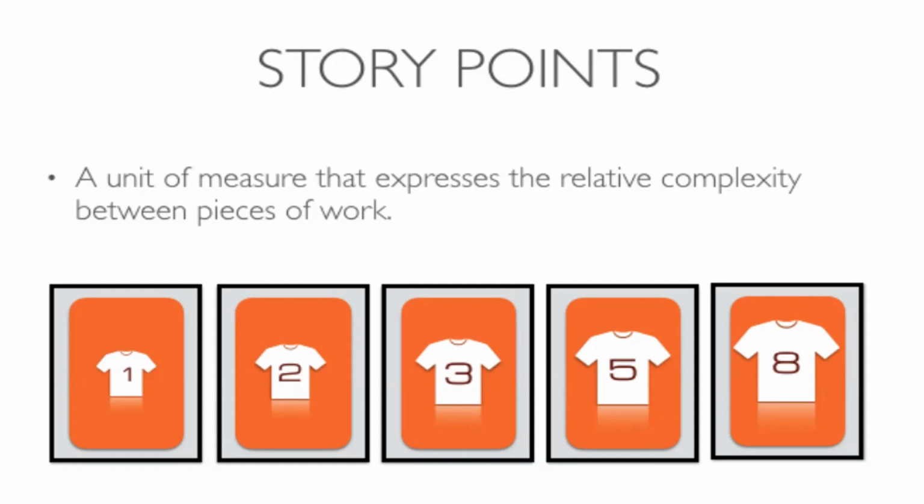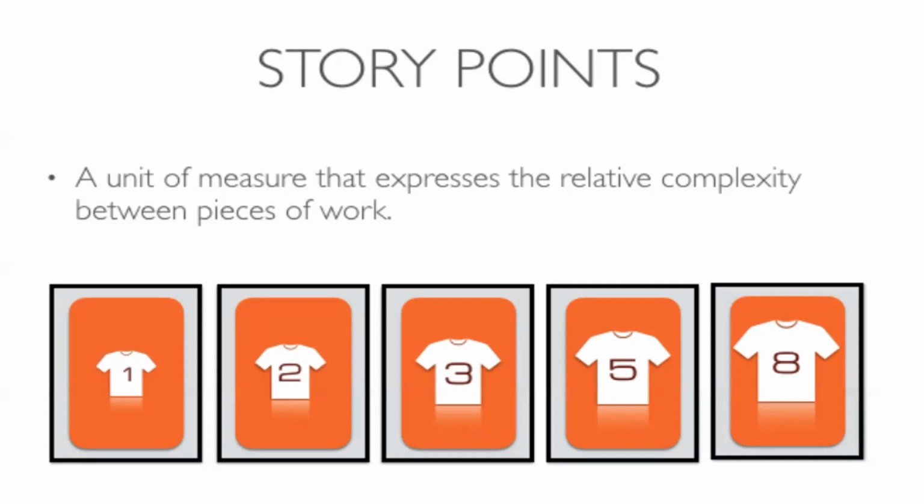It is a measure of the relative complexity of the work, right? So the story point, in summary, denotes the level of complexity involved in the work compared to the amount of effort that we are going to put in.